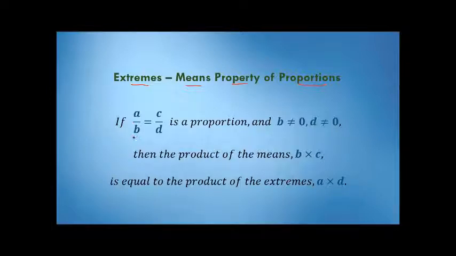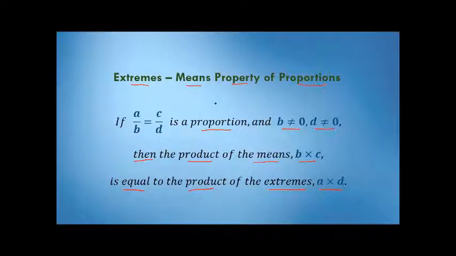So, if A over B is equal to C over D is a proportion and B is not equal to 0 and D is not equal to 0, so ibig sabihin bawal mag-0 ang denominator, which are B and D. Then, the product of the means B times C is equal to the product of the extremes, which is A times D. So parang kinross multiplication natin, A times D is equal to B times C. A and D are extremes, B and C are means.